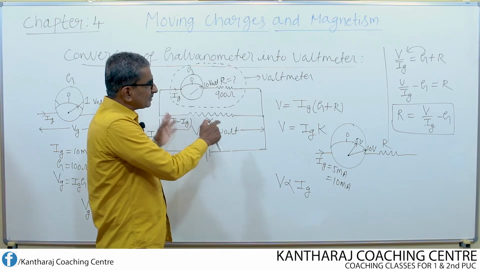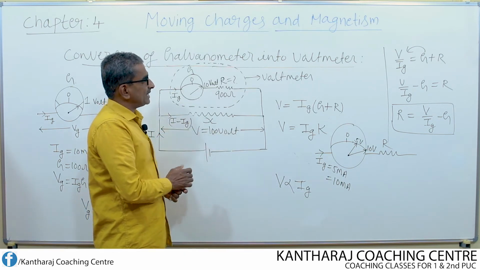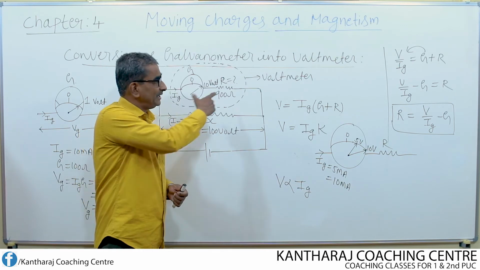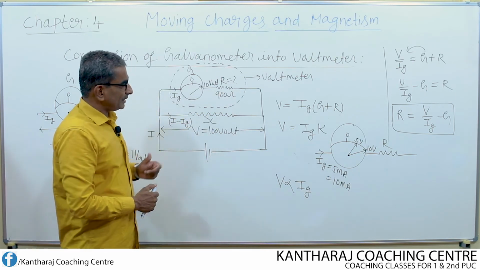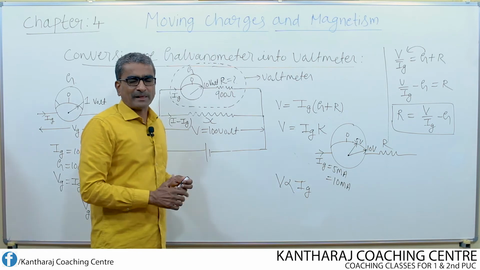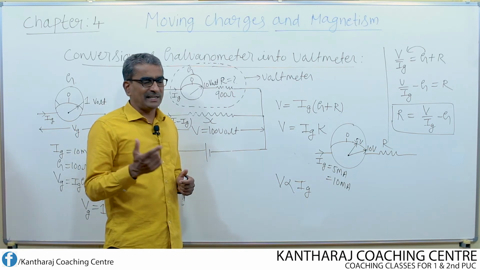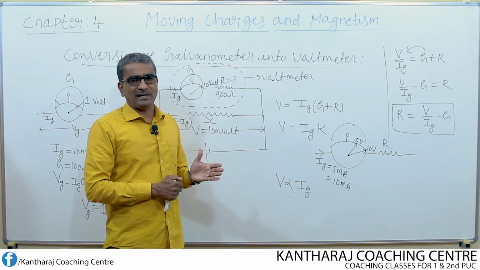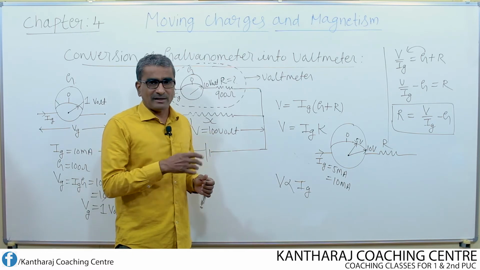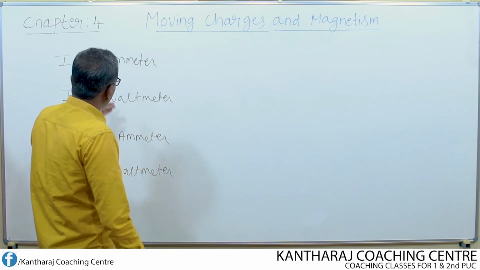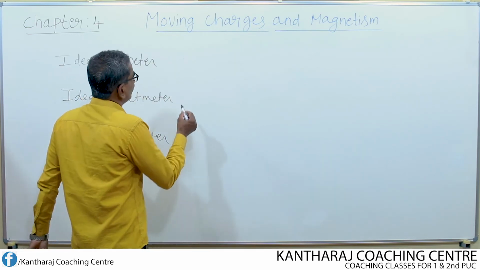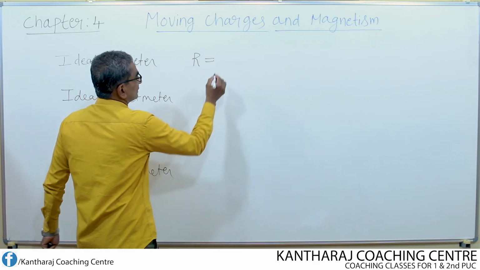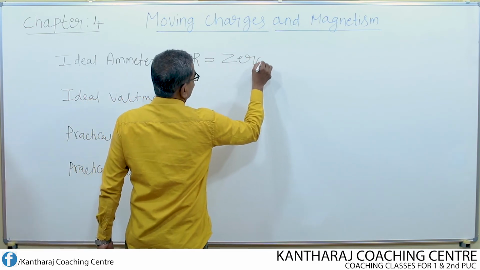Now this is how we can understand how we can convert a galvanometer into an ammeter and also into a voltmeter. But what are the ideal ammeter and ideal voltmeter? Also, what are the practical ammeter and practical voltmeter? Let us look into this. An ideal ammeter is one whose resistance is equal to 0.